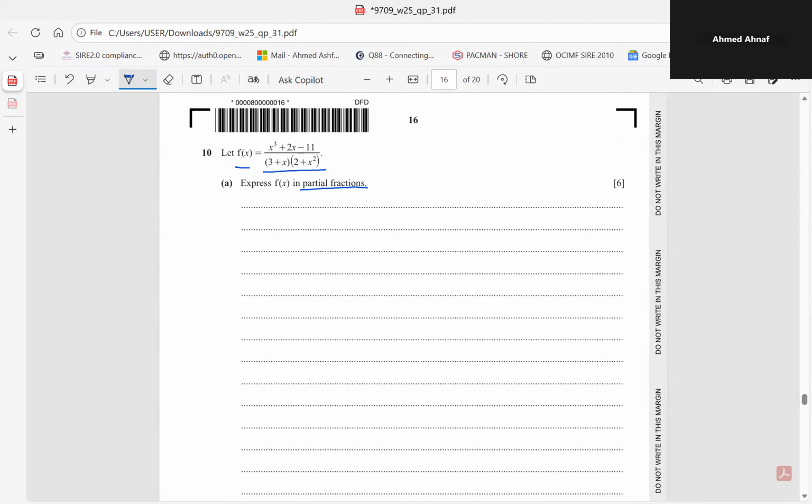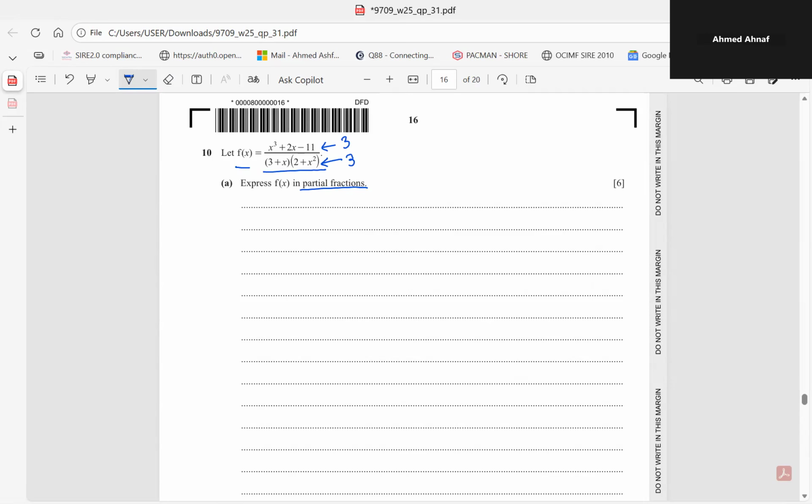Before we do the whole general process of expressing this in partial fractions, we should take note of the degree of both the numerator and the denominator. So the degree of the numerator is 3. And if you realize, the degree of the denominator, if you expand it out, is also 3.